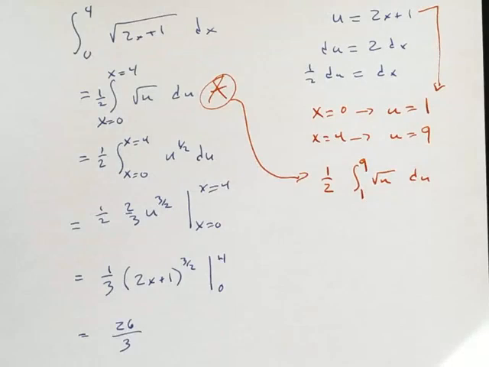I never have to think about x again. Ever. X is gone. This entire problem is now not x. This entire problem is u. Having changed the limits means I have a brand new problem.